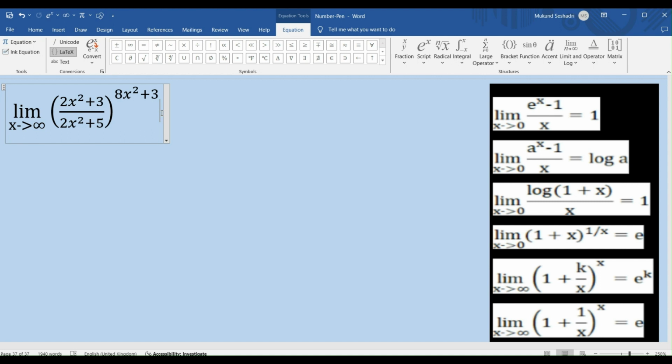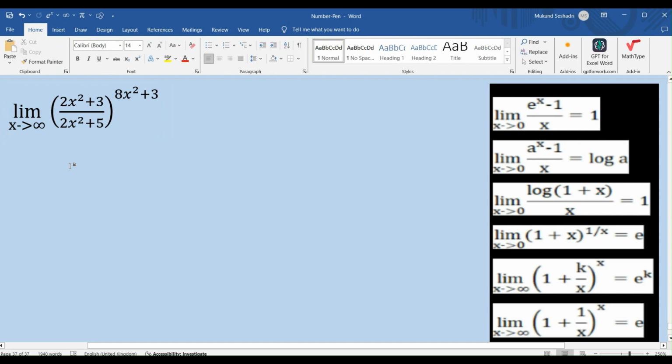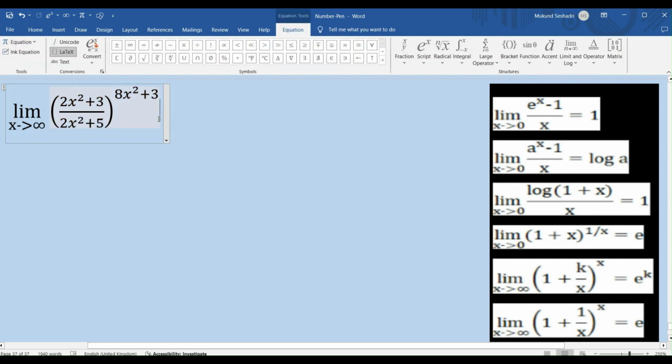So we might have to solve this problem as though we are finding the limits of two independent expressions, right? So let me write down the first expression here. Let me write down this expression in the manner we just spoke. So I'm going to write this like this, right?